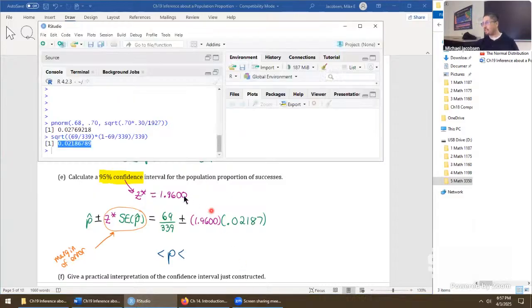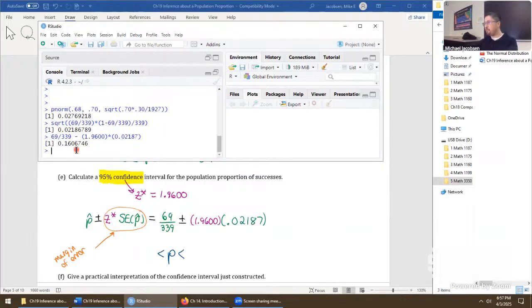So just back to the calculator, a couple more computations. Reading this out, we have 69/339. I want to do the lower bound first, since I've kind of indicated I want to put that first by that inequality form. Minus 1.9600 times 0.02187 gives us this lower bound.